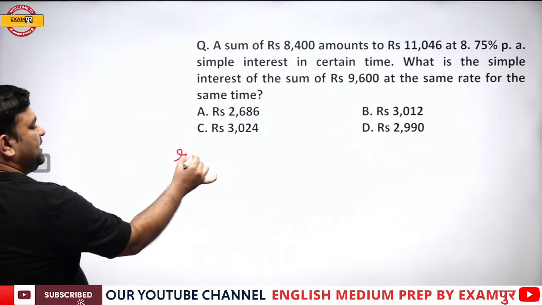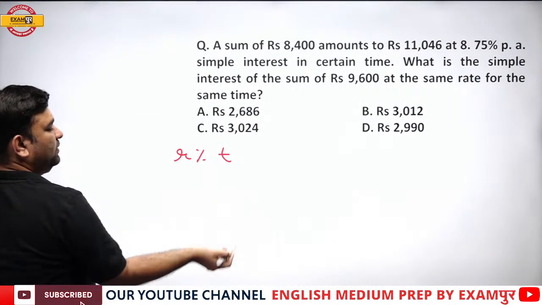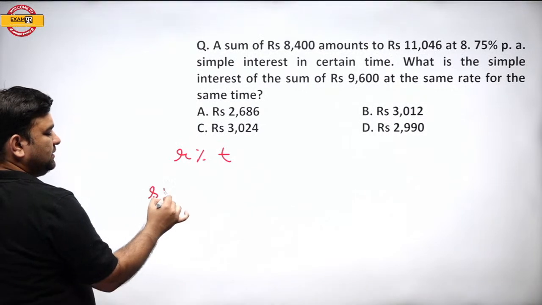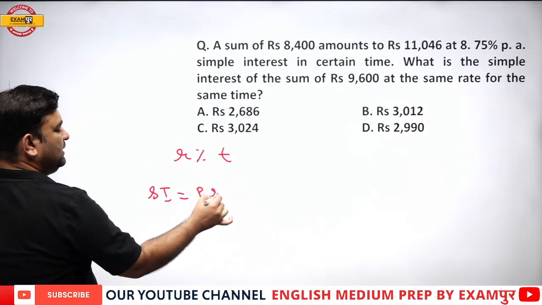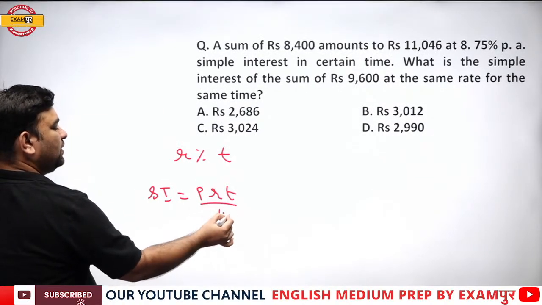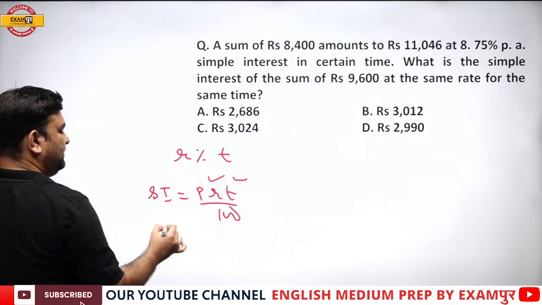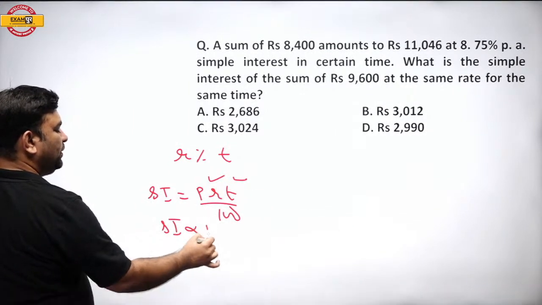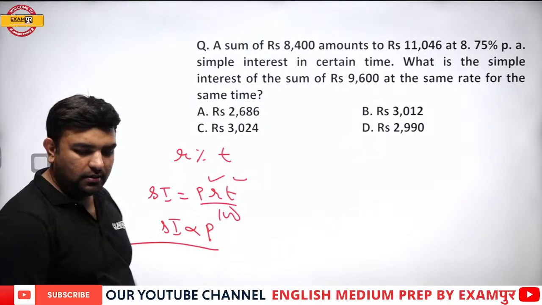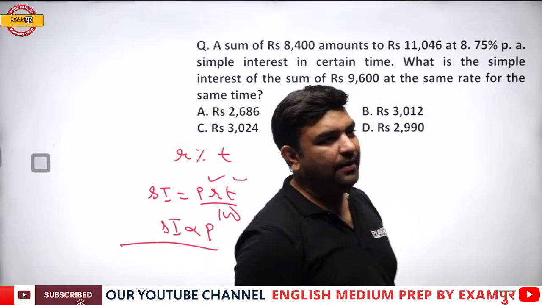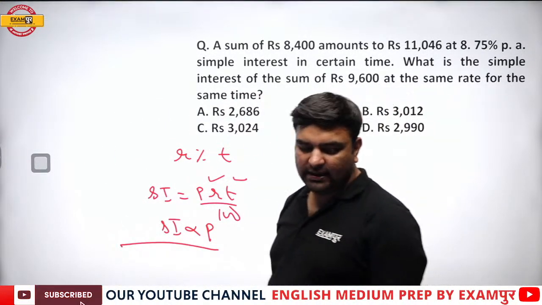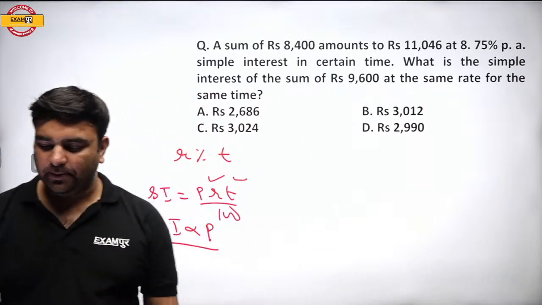If rate is same, time is same, what remains? If rate is same, time is same, SI is directly proportional to principal.